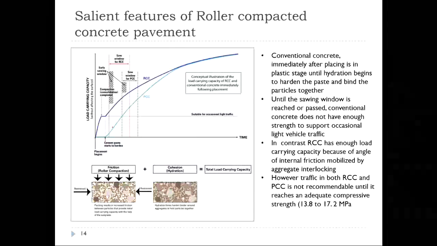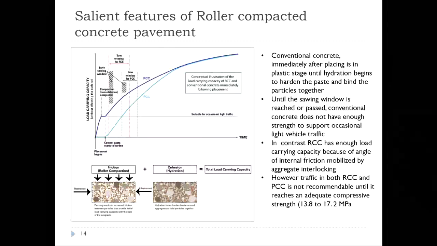Until the saw cutting period, once your initial setting time is over, until the sawing window is reached or passed, conventional concrete does not have sufficient strength to support any occasional light traffic. So you don't allow even lightweight traffic movements in the case of conventional concrete.